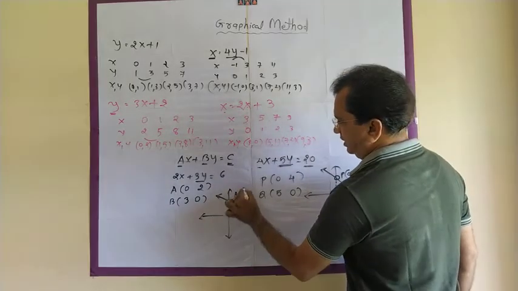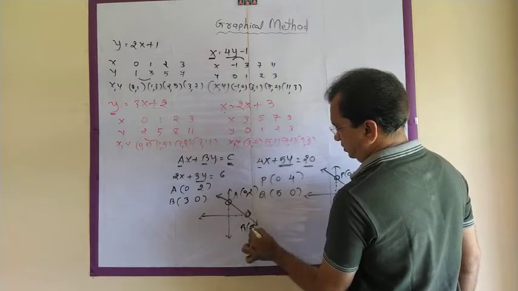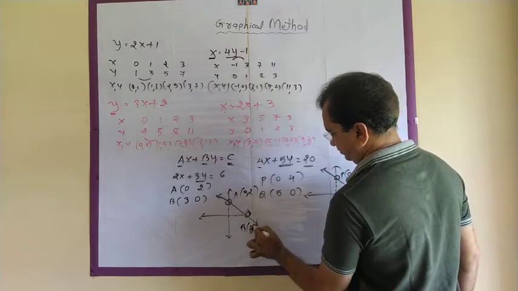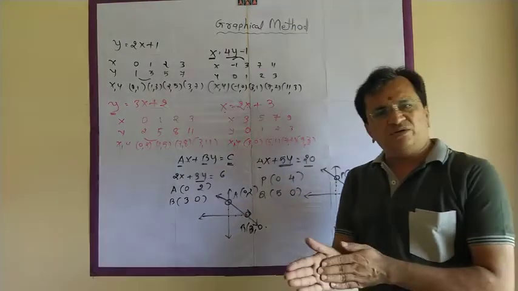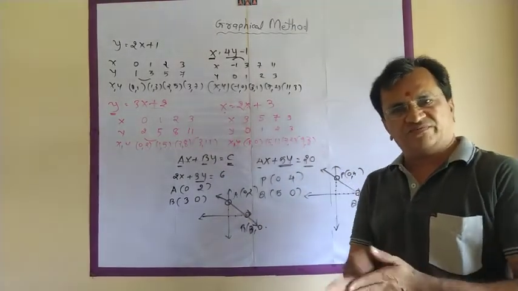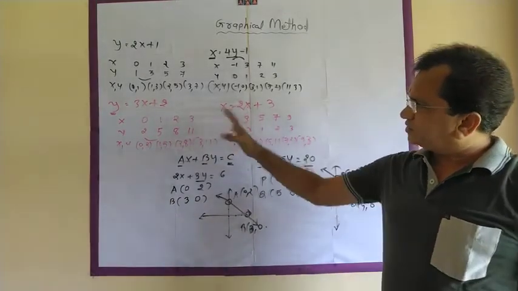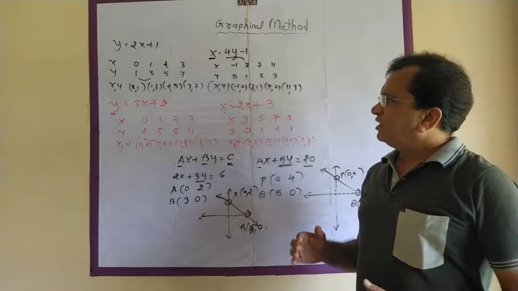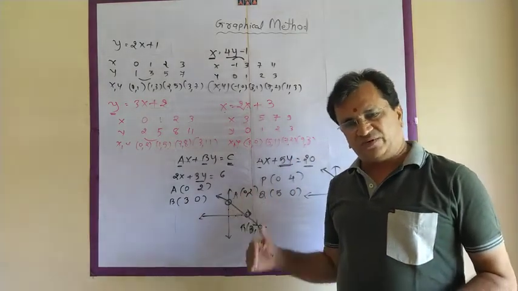And here that is A, 0, 2. And this is B, 3, 0. So by this you can reduce lots of rough work which you are doing on the backside of the graph. Directly draw the table. If the equation is given in the form of y, consider x value first.